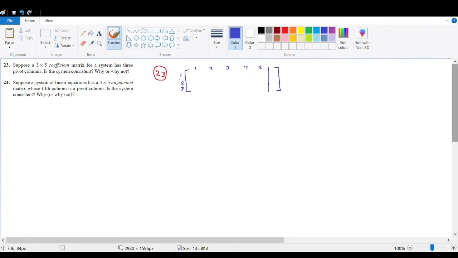That means our matrix has a pivot in every row, because it has 3 pivot columns. For example, the first one, the second one, the third one, all of them are pivots. So that means we have a pivot in every row. Is the system consistent? We can say yes. Why? Because pivots in 3 columns mean we have a pivot in every row.